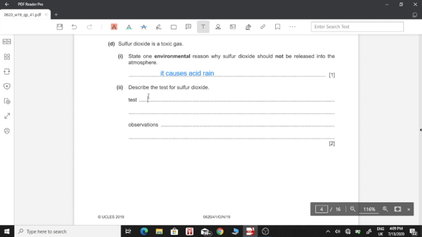Since sulfur dioxide is a gas, we need a liquid to test it. Alright, it turns from purple to colorless.